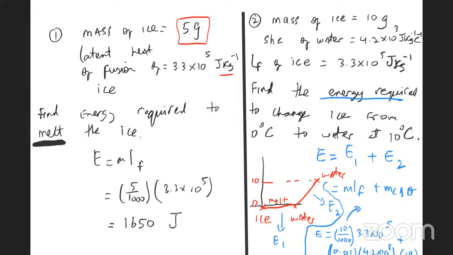So you can put it in just like how I have it: 10 over 1000 multiplied by 3.3 by 10 to the 5. That'll be the first value. And you add in the next value: 0.01 multiplied by 4.2 exponent 3 multiplied by 10.